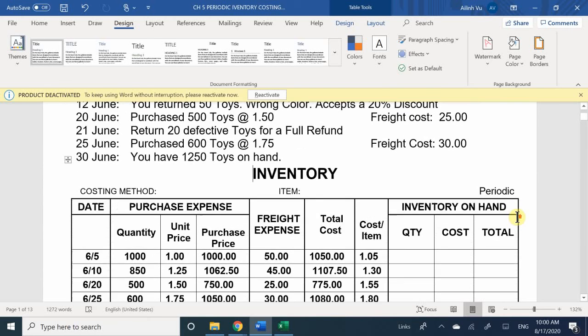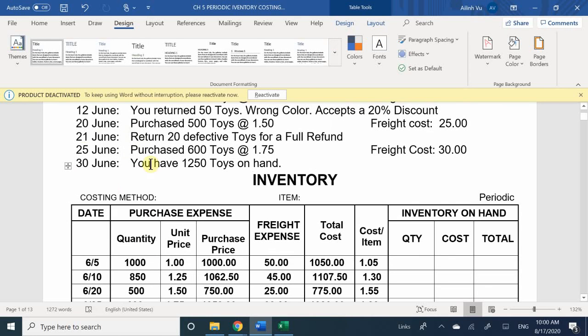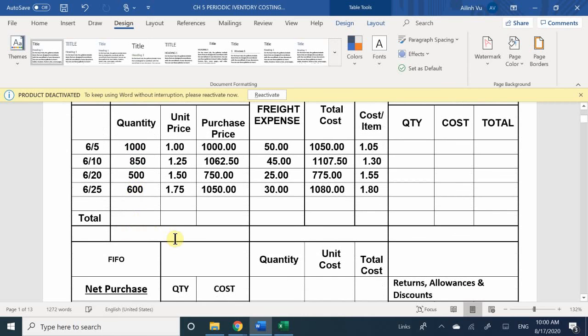So what's the first thing I have to do when I'm calculating my total information here? What do I do first at the end of the period, which is the 30th? Pull everything up. We have to total everything up. So how many total toys do I have? 2,950. All right, and how much did it cost me for my purchase price? $3,862.50.